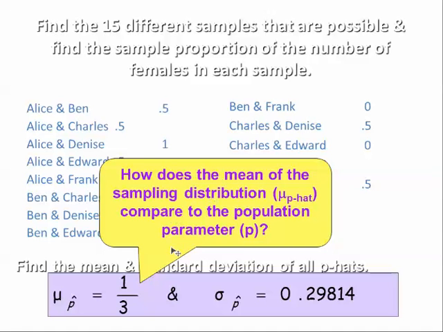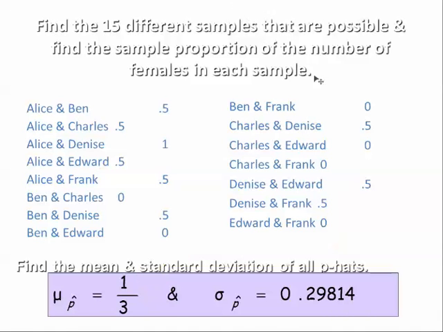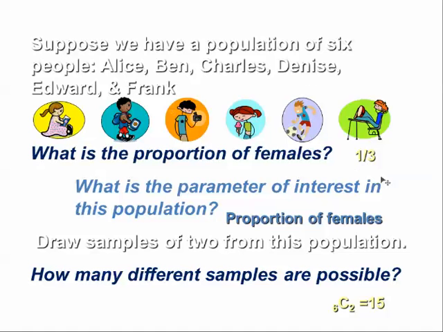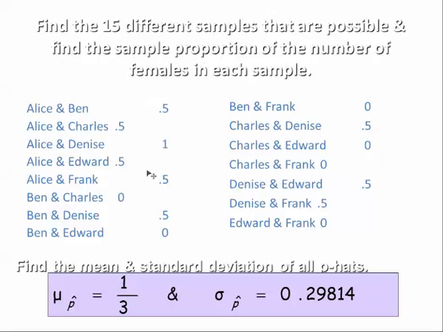How does this mean, mu of p hat, compare to the population parameter P? Well, when we go back and look at the population parameter, it was 1/3. And then we took all the samples that we could and looked at the means of all the samples. We got 1/3. They matched exactly. That's an important note.